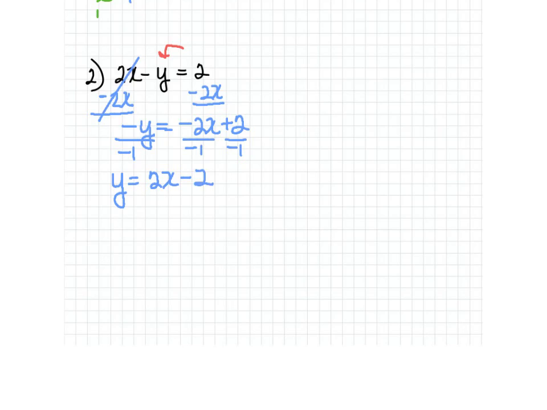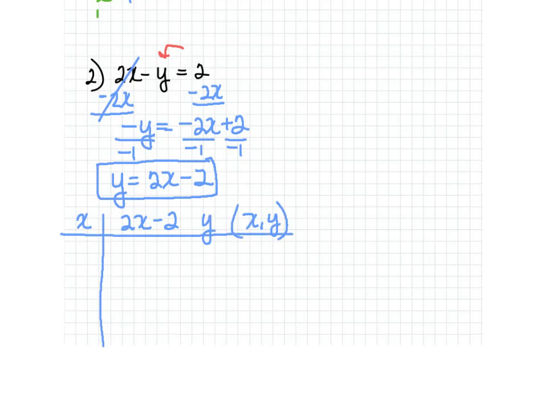That is the equation we're going to work with. It's the same exact equation that we were given, but this is the one we can work with easily in our table of values. All right, let's set up our table: x, 2x minus 2, y, and the ordered pair (x, y).